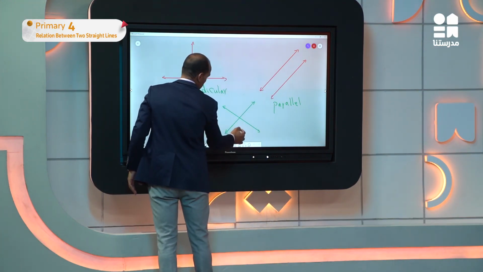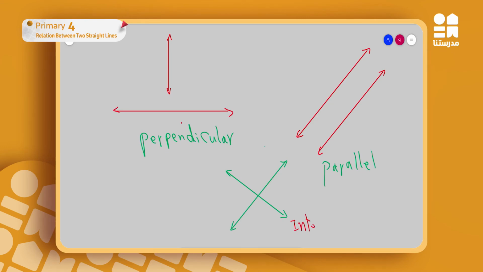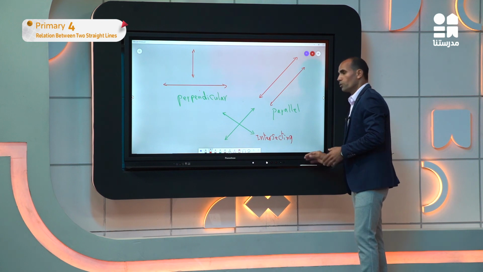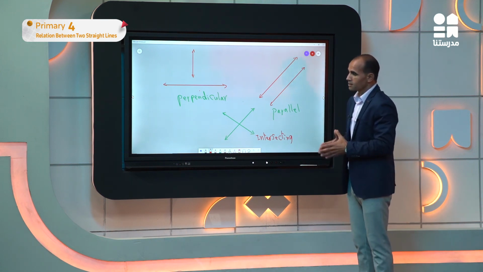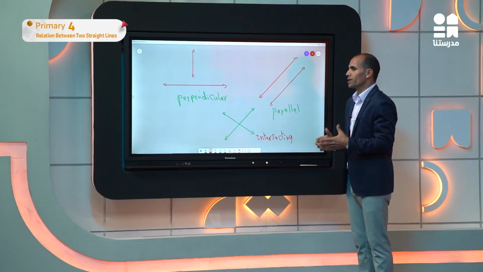So we'll write here intersecting straight lines. And remember that we have here four angles, but not perpendicular. Maybe one of them is an acute angle or obtuse angle. But here, the two perpendicular lines, we have four right angles. Remember that, okay?